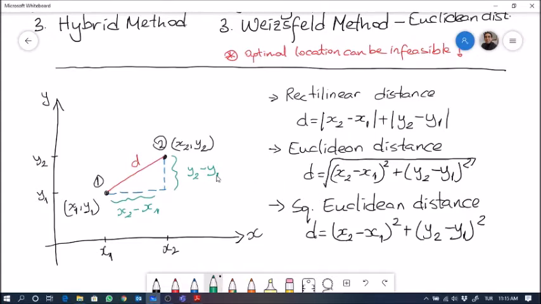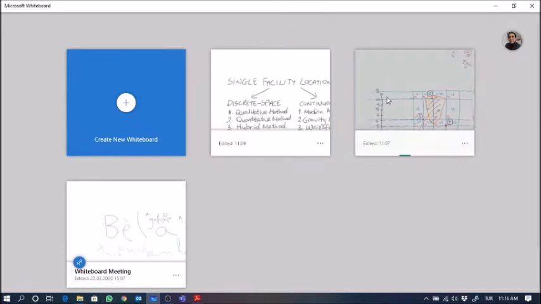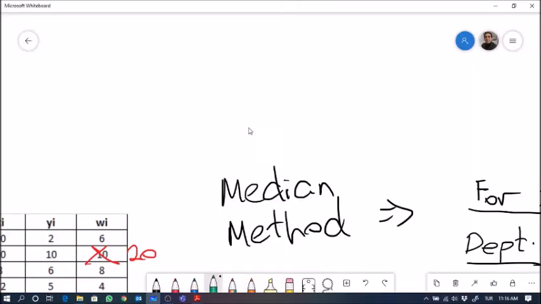This is the Euclidean distance. It's the hypotenuse of the triangle here. And the squared Euclidean distance will be (x2 minus x1) squared plus (y2 minus y1) squared. The difference between the Euclidean and the squared Euclidean distance is that we don't have the square root in the squared Euclidean distance. So let's go to the contour line.